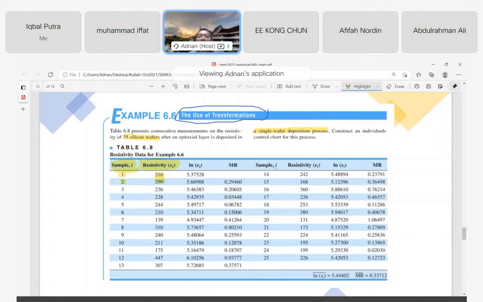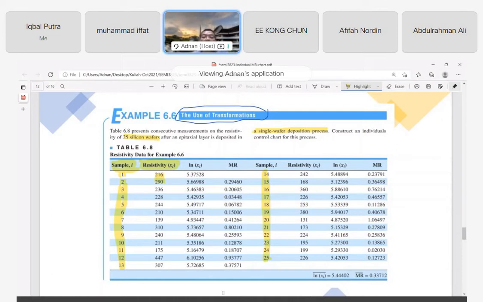Until sample 13 on this side, also continuing 13, 14 until 25. Typically in a control chart, as I mentioned earlier, we need 20 to 30. 25 is normal practice because it is easy to calculate. In this case it's not 5, it's n equal to 1.